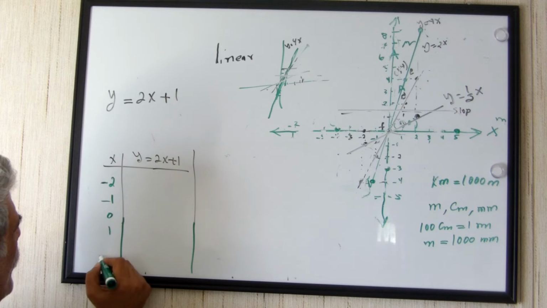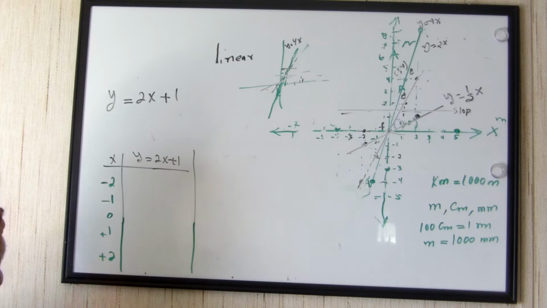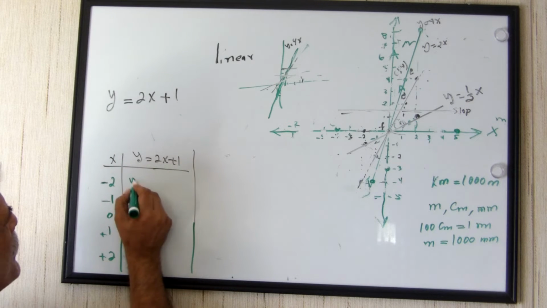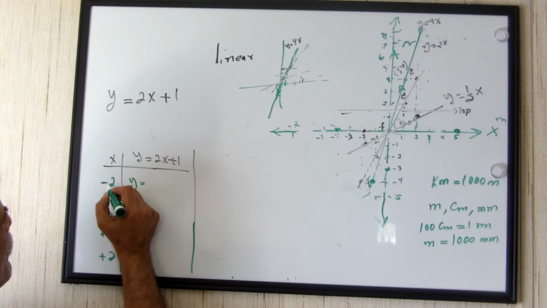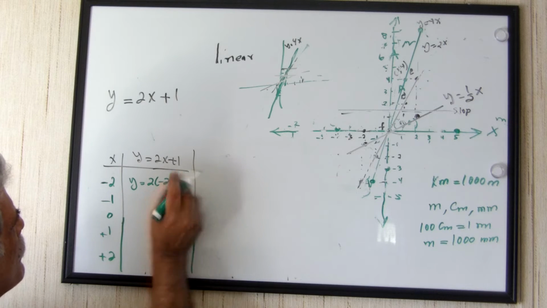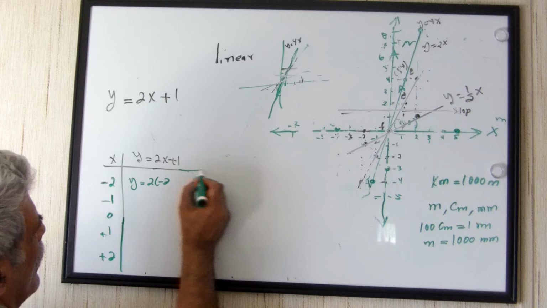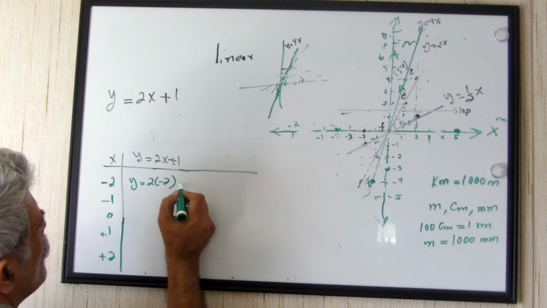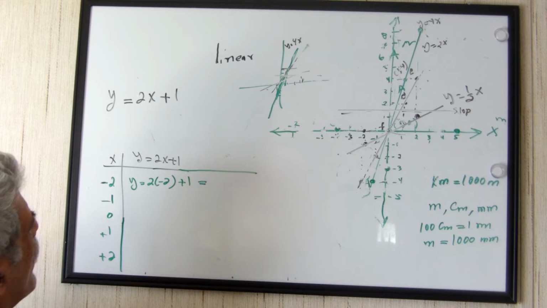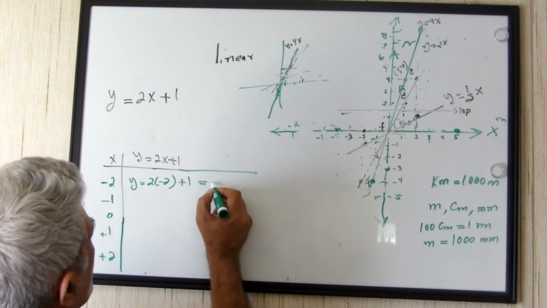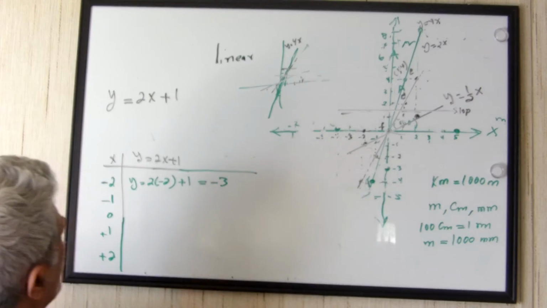So y, for x equal to minus 2, is going to be 2 times minus 2 plus 1. What is that? Minus 4 plus 1 is going to be minus 3.